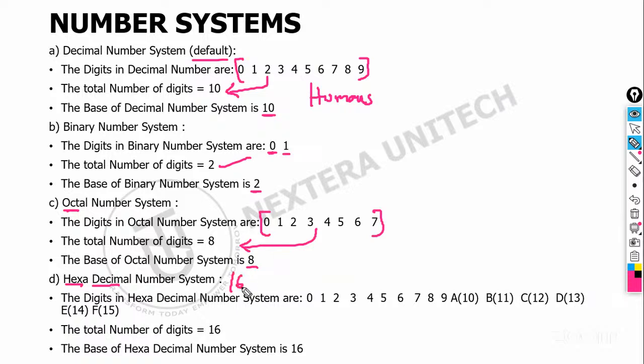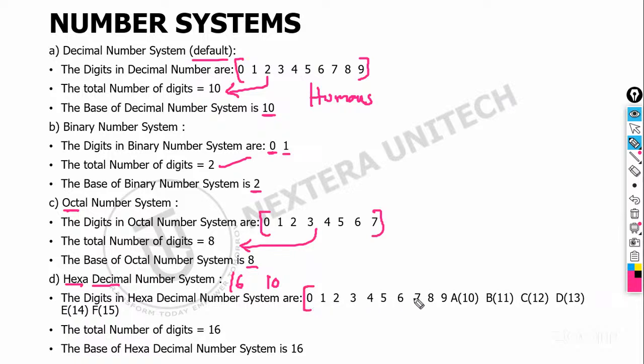But hold on, friends, can we have 16 digits? We know that we have only 10 digits, from 0 till 9. But how can we get the rest of the 6 digits?